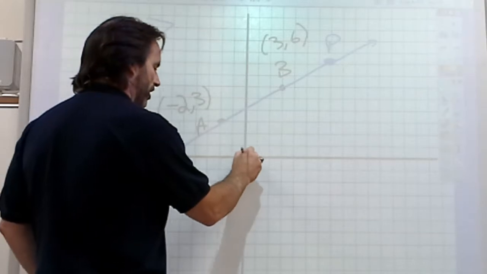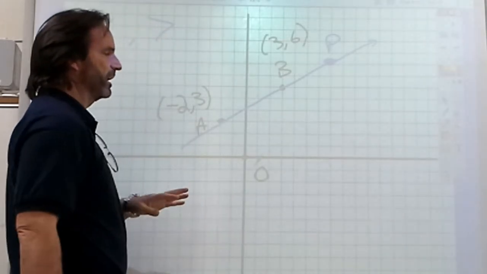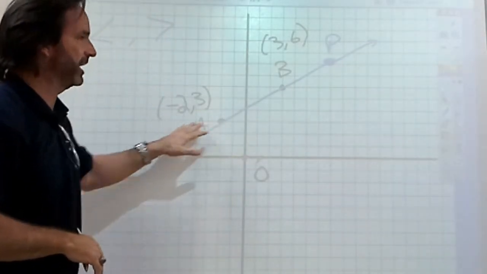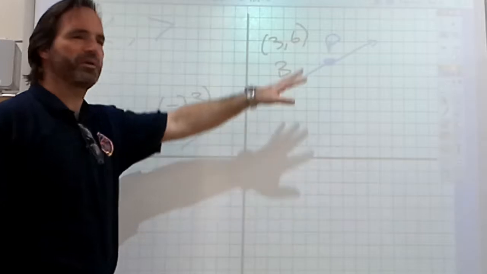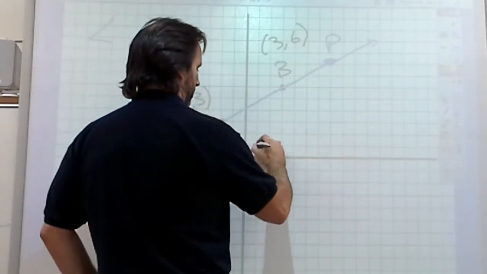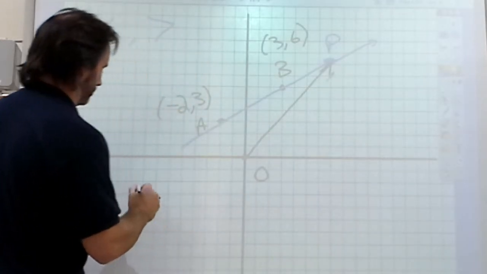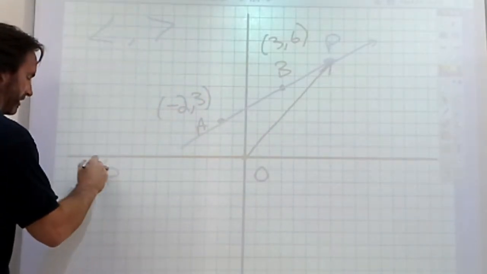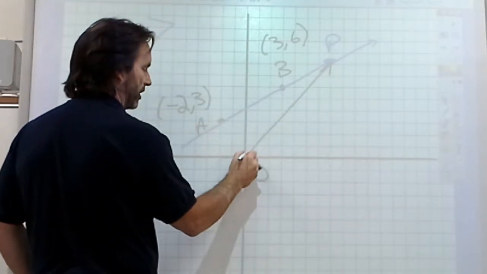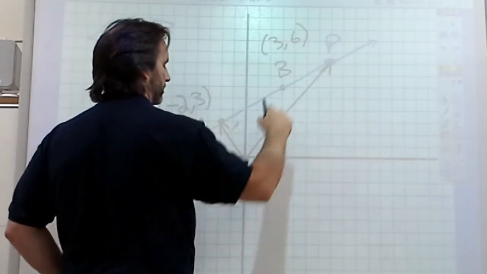Let's start here with my origin, point O. I want to get a line that contains AP, let's say. And I don't know where P is right now, that's the point. But I do know that vector OP is the resultant vector of OA and AP.